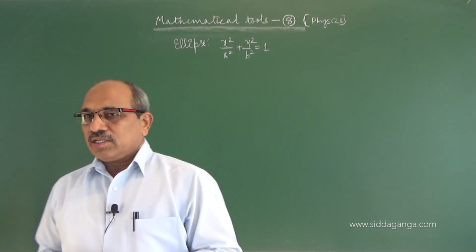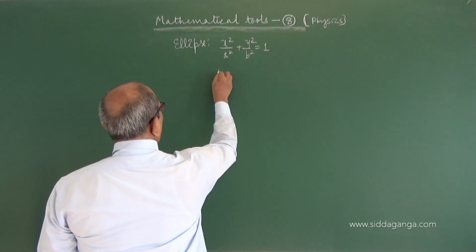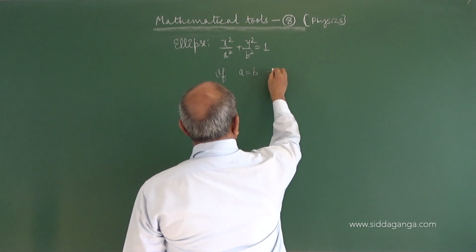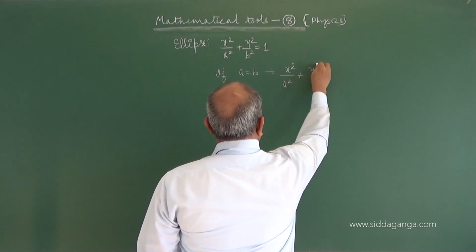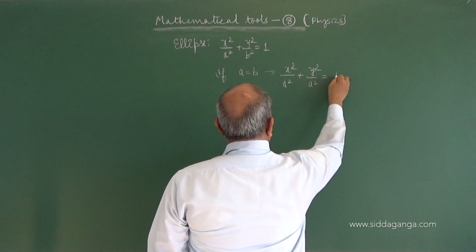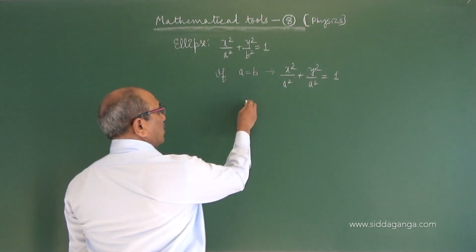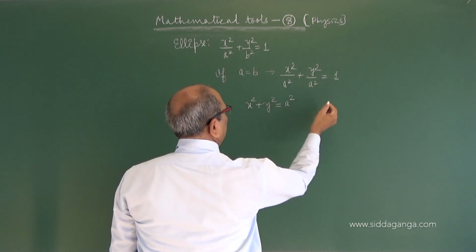Now the special case of this is, if I put a equal to b, the equation turns out to be x square by a square plus y square by a square is 1, or x square plus y square is equal to a square.